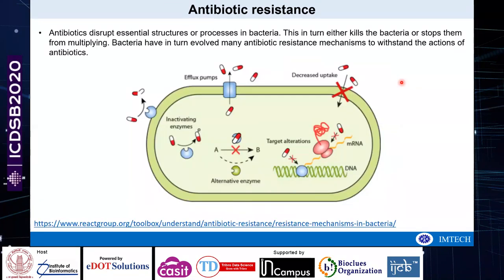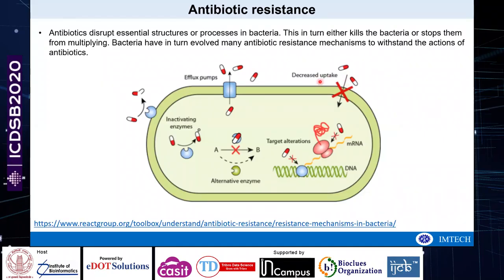Since we are talking about the prediction of antimicrobial resistance, which is basically the ability of a bacteria to resist the antibiotics which were previously used to treat them, bacteria have in turn evolved many antibiotic resistance mechanisms to withstand the action of antibiotics.